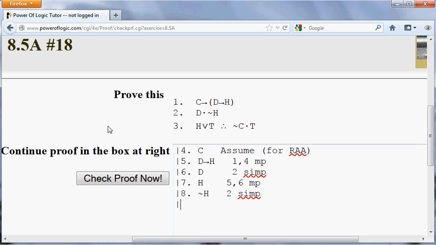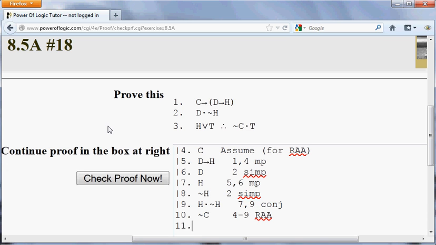So, line 9: I have H from line 7 and not H from line 9. 7 comma 9 conjunction. I'm not going to have a vertical bar there because I'm not in a box anymore. I'm now in a position to use RAA, because the idea is if C is true on line 4, then a contradiction is true, H and not H. But a contradiction can't be true, so C can't be true, not C. So that's going to be a 4 through 9 RAA.